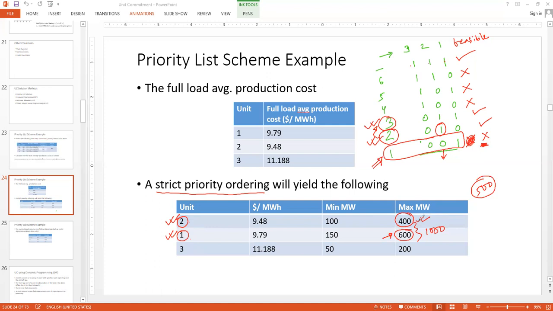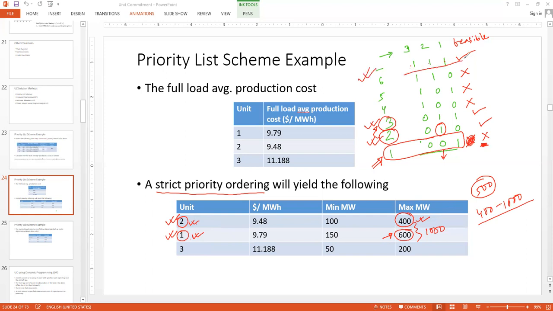So we cannot go for that choice. The only choice is to turn on both unit 2, the highest priority unit, and the next highest priority unit, unit number 1, to supply any demand between 400 and 1000. So that is the solution. If the demand goes beyond 1000, then the remaining feasible state has to be activated.